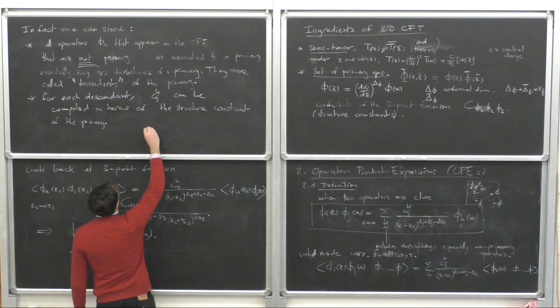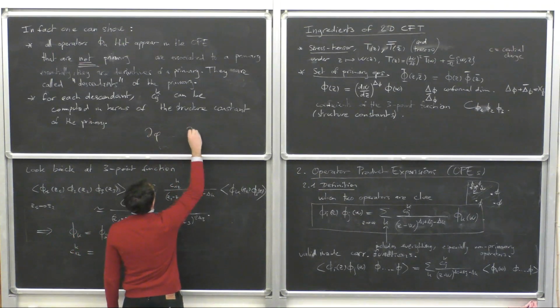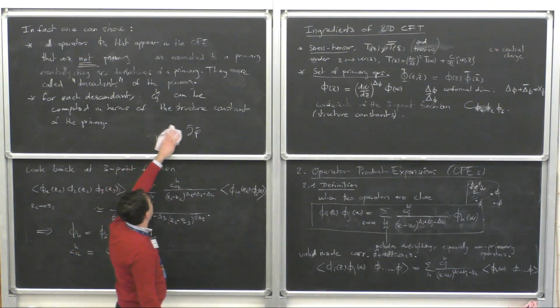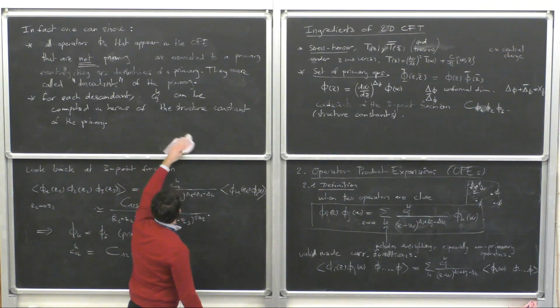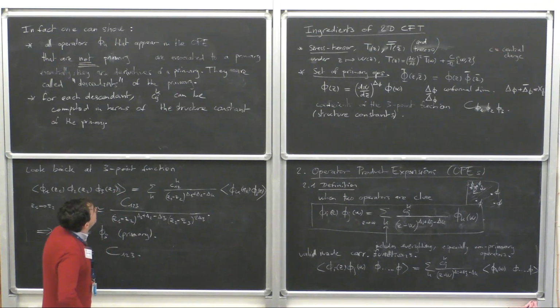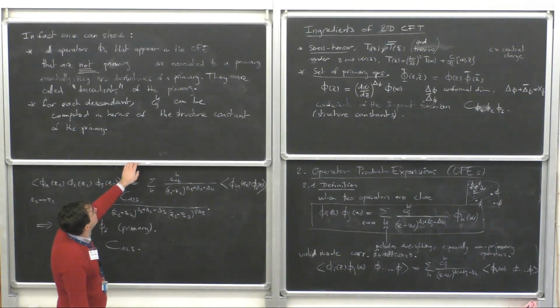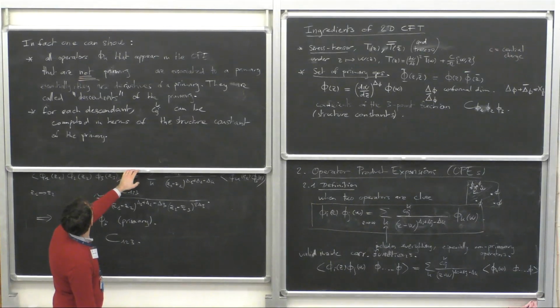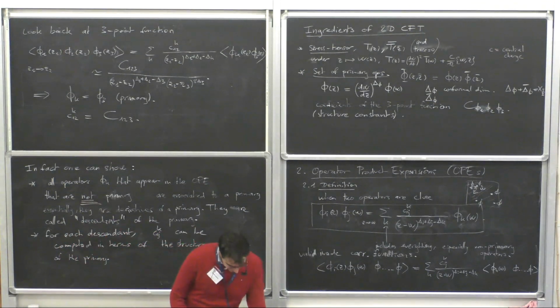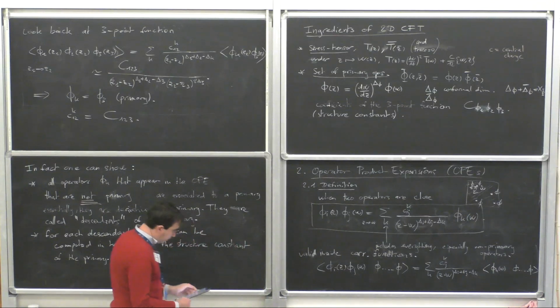So d phi and d bar phi bar, those are also primary fields. But otherwise the vertex operators, the point-split regularized exponentials, they are the primary fields. Okay, good. So that's for the operator product expansions.